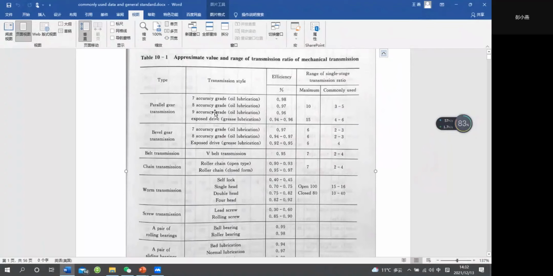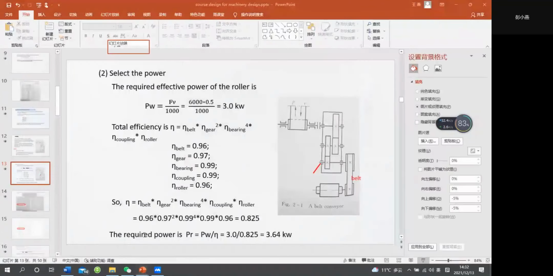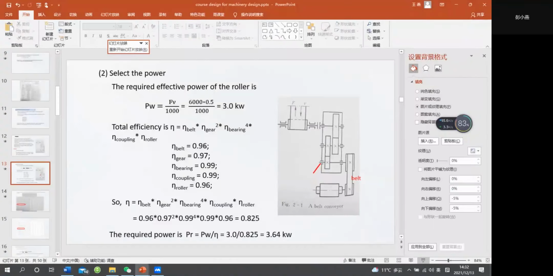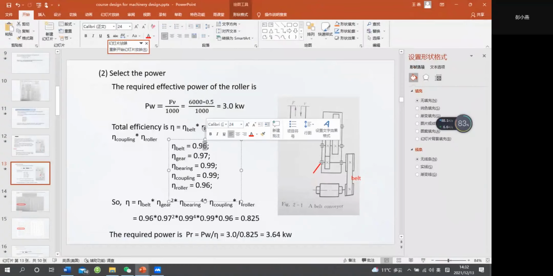In this example, it's choosing the line grade. So the efficiency is 0.96. Oh, no, that's for the gear. This is for the belt, it is 0.95. So in this, there is a little wrong. The belt should be line 5.